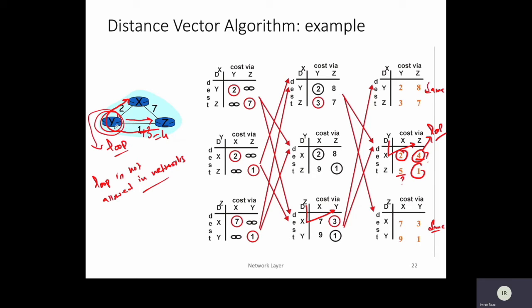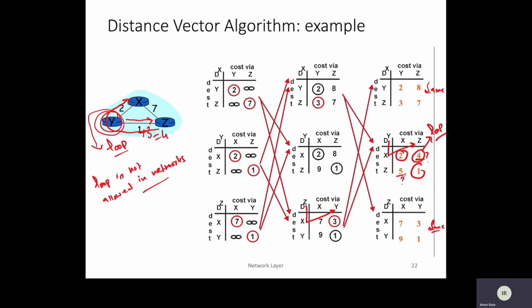This packet is visiting Y more than once. This path involves a loop and will never be selected, but it can create a problem in the convergence time of the algorithm, meaning the number of iterations that the algorithm has to do in order to be in a stable state. We'll see in a minute how.